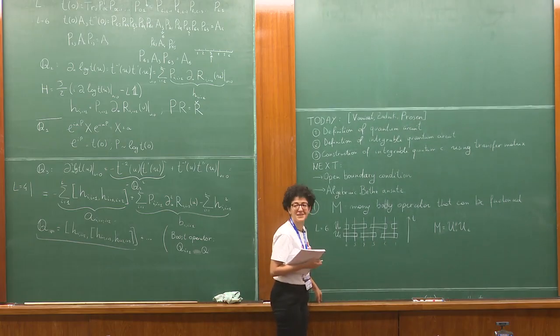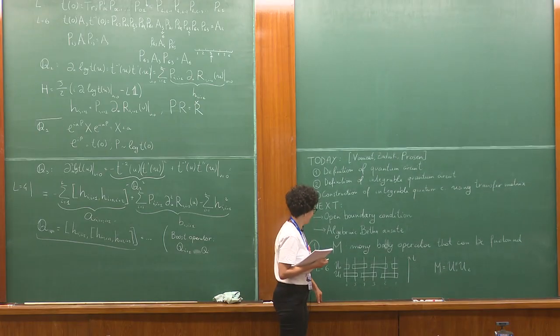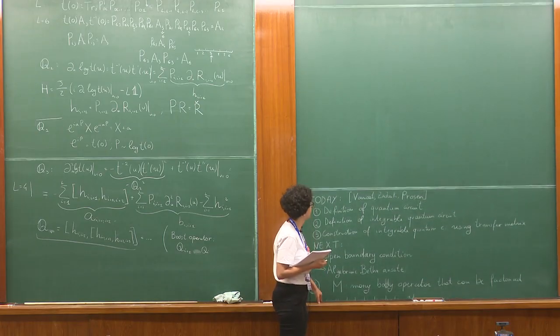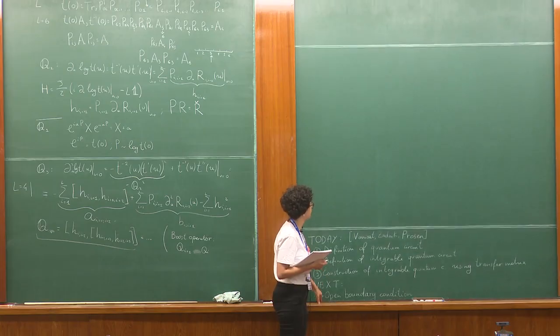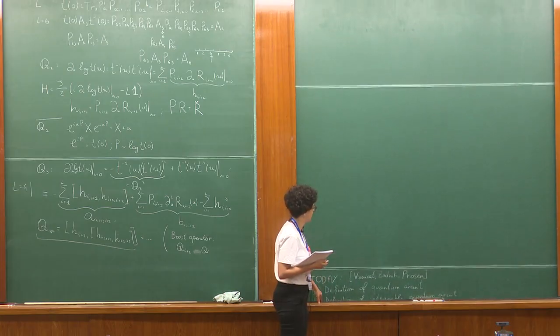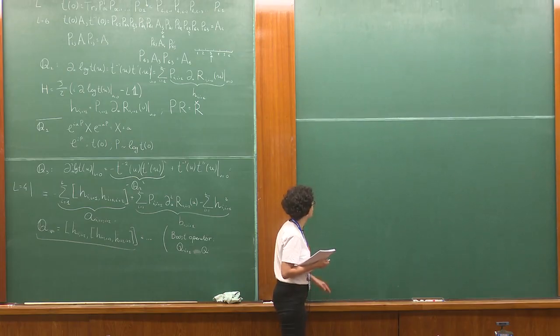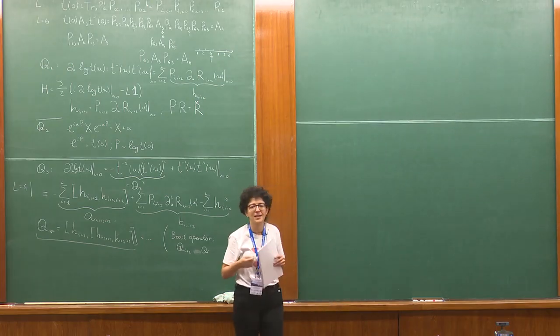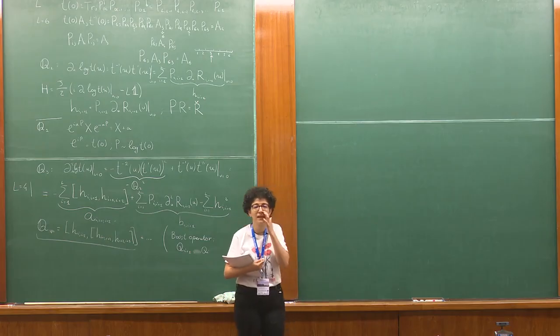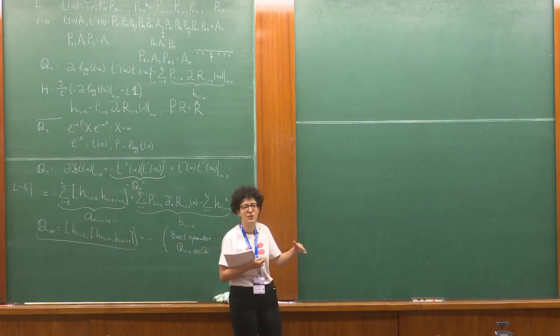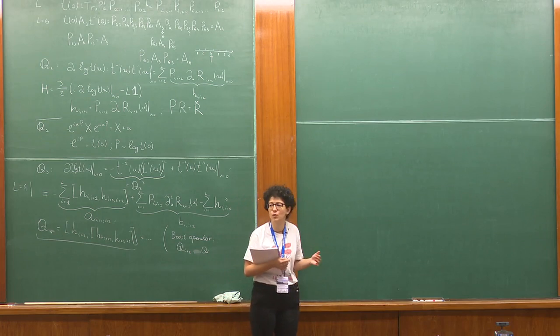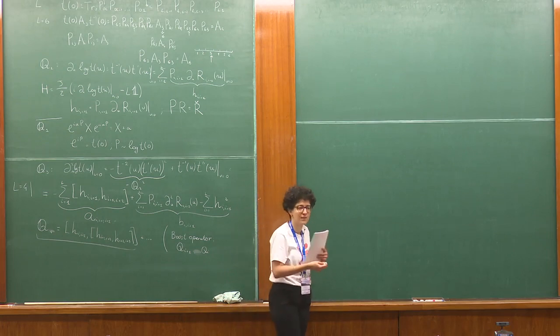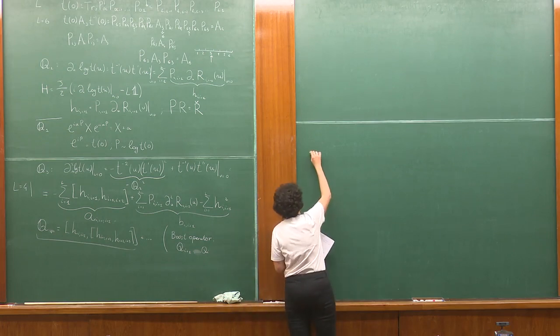Part 2, integrable quantum circuits. A quantum circuit M is integrable, in the same way we defined it for a Hamiltonian, if the operator M, which describes your dynamics, commutes with an extensive number of quantities.